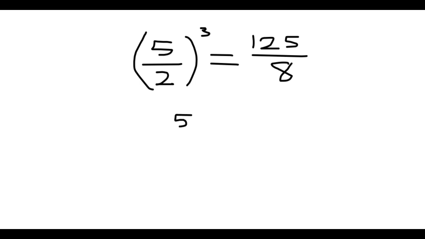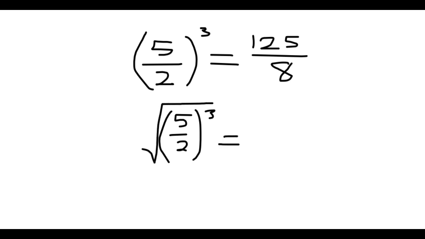Now taking the square root of the expression, we have the square root of (5/2) to the power 3 equals the square root of 125 over 8.